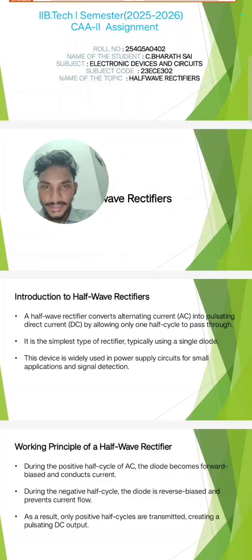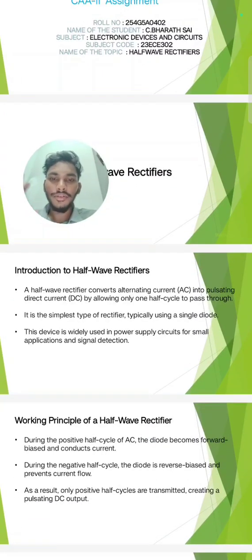It is an electronic circuit that allows current only during the positive half of the cycle of the AC input. It is the simplest type of rectifier, using only a single diode. It is widely used in power supply circuits for small applications and in signal detection.